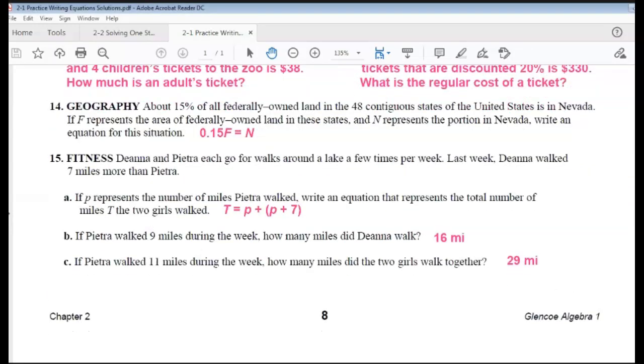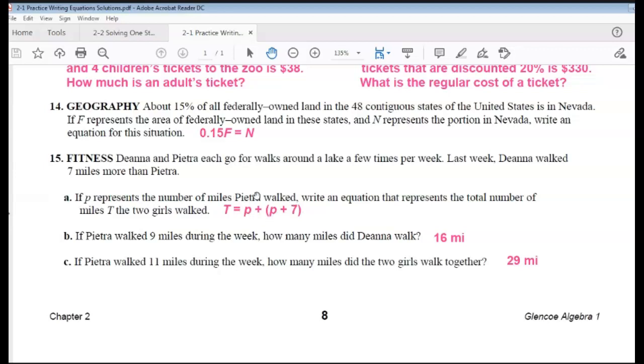14, 15, these are word problems that, again, you had to take the time to read through and give me an equation. In 15, you had T equals P plus quantity P plus 7.